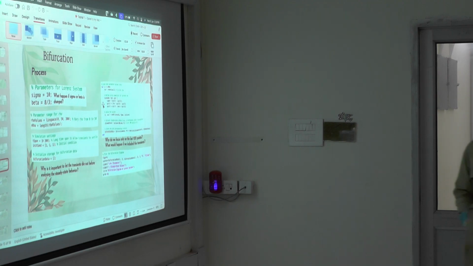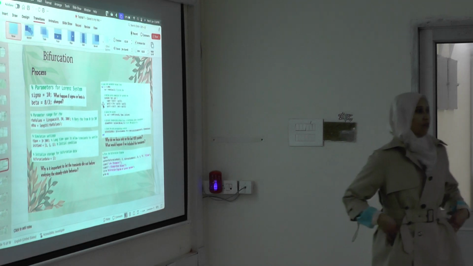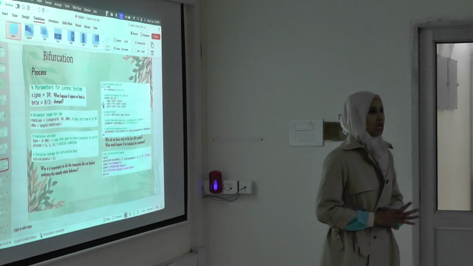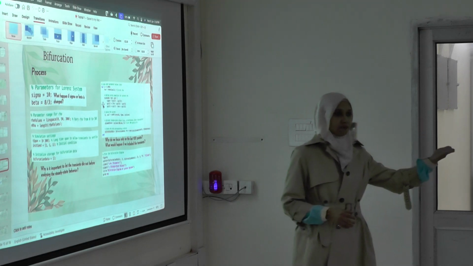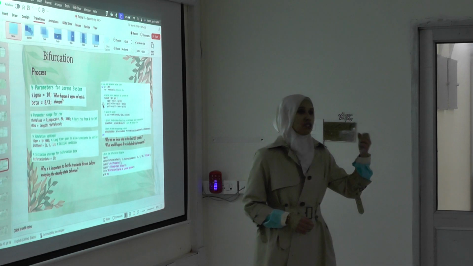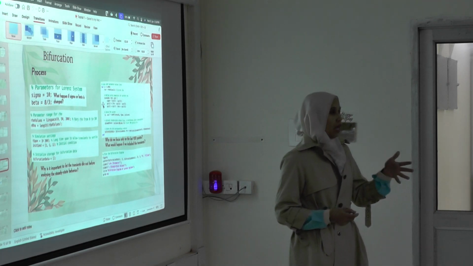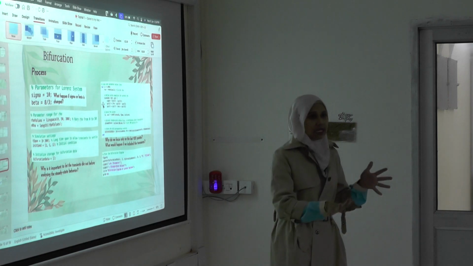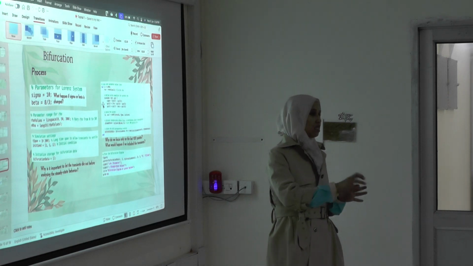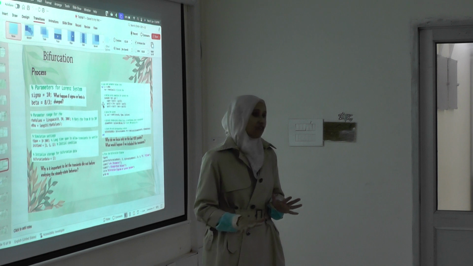To recap, the first thing you need is, for sure, the system. After you have the system, you need to check each value of the parameters. Then you do your time series. After that, you can plot your phase space in 3D.